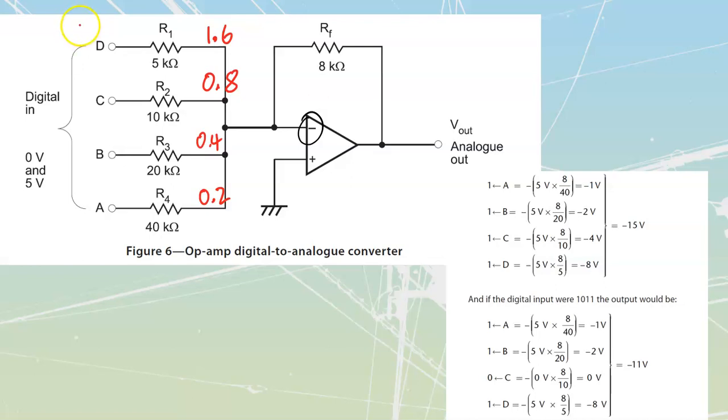If we take in a value of 5 volts on every single one of these, each of them is going to give us a differing value out.